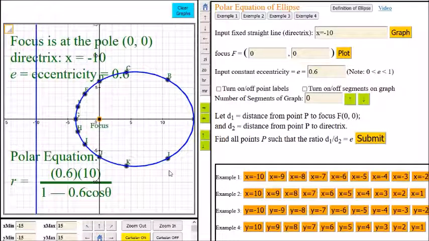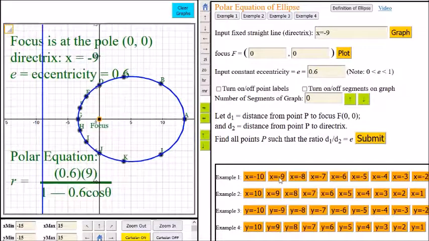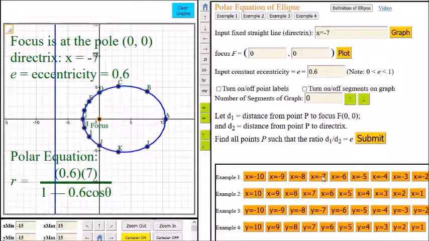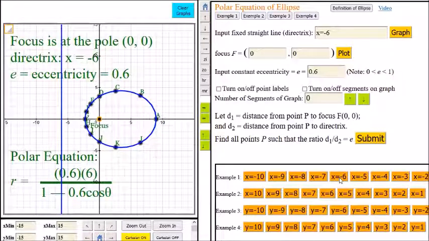Now let's vary the directrix, and we can see how the shape of the ellipse also varies. Here's x equal to negative 9, x equal to negative 8, x equal to negative 7, x equal to negative 6. Once again, this number is the eccentricity. This number comes from the directrix, and we take the absolute value.